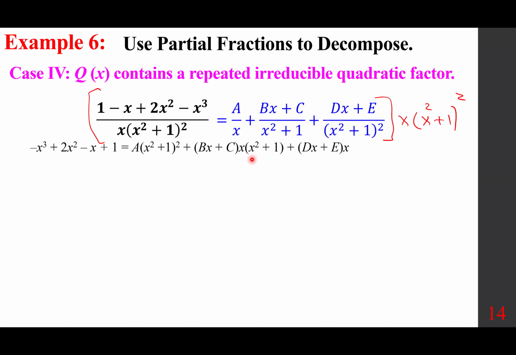This 3, when we multiply it, we get b times x to the power of 4, and then b times x, and x squared, c times x cubed, and c times x times 1, and this one is dx squared plus ex. So just multiply them through. That's all I'm saying, class. Multiply them through.